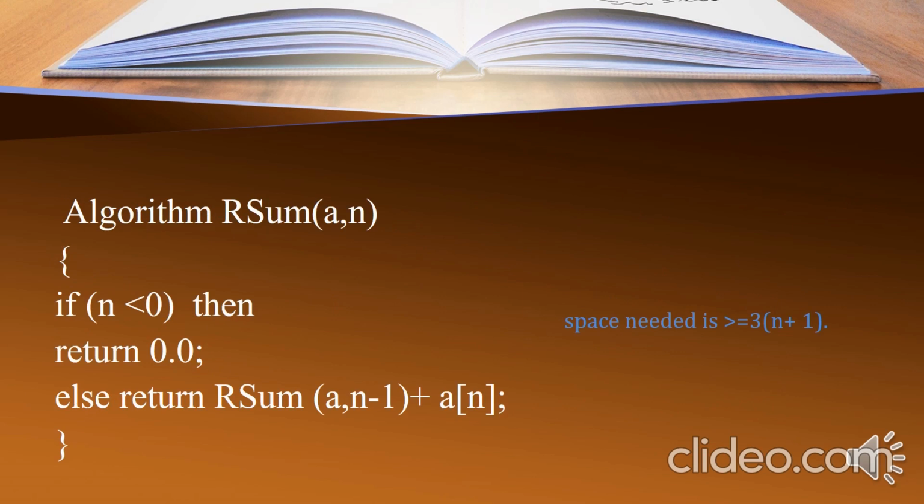Now we'll find the space complexity for the recursive sum program, the recursive sum algorithm. In case of recursive sum, you can observe here all the parts of the recursive algorithm are dependent on the recursive calls.